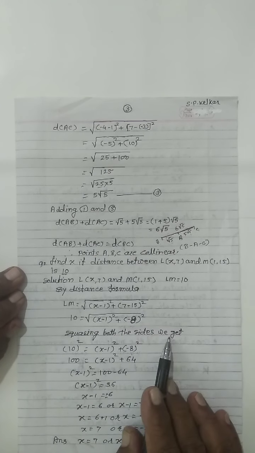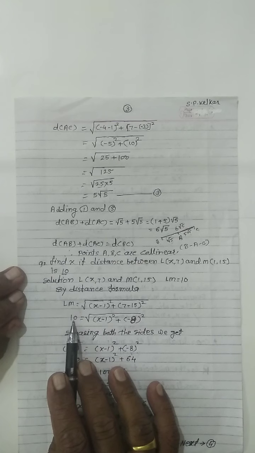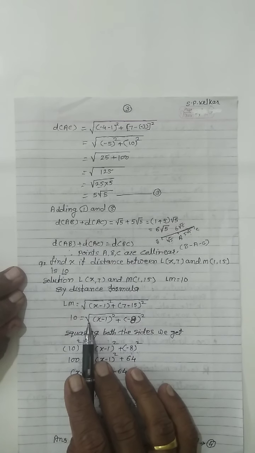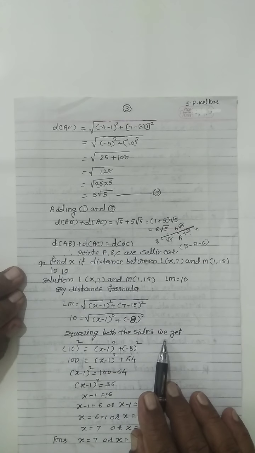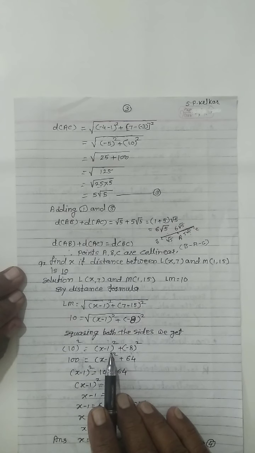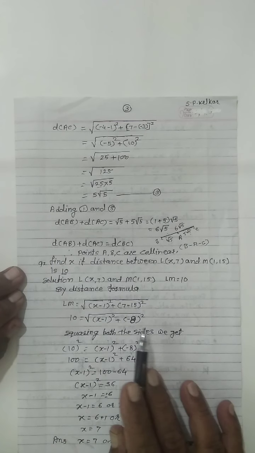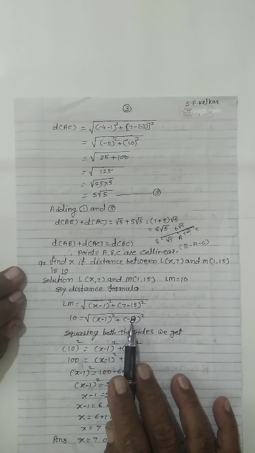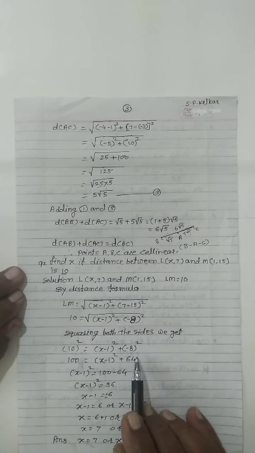Squaring both sides we get 10 squared, and this under root sign is cancelled because of squaring both sides. So we write x minus 1 bracket squared plus minus 8 bracket squared.